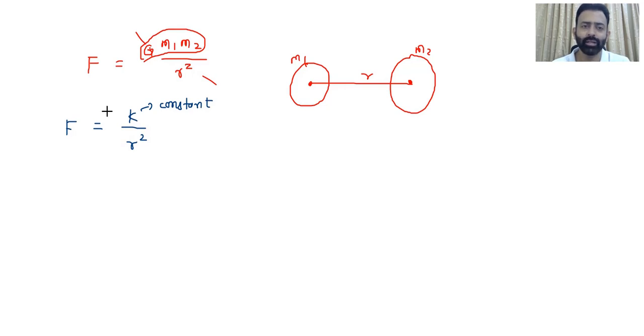This means that the value of gravitation force between two heavenly bodies only depends upon the distance between their centers, considering the masses constant. So I can call this gravitation force of attraction a function of the distance between the bodies, or a function of R. So I can rewrite this as F is a function of the variable R, whose definition is K by R squared.